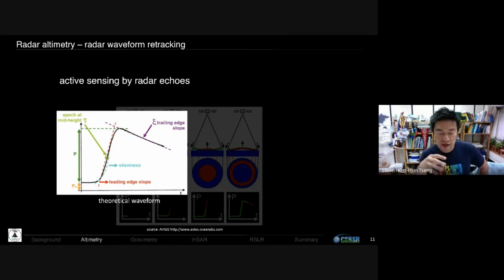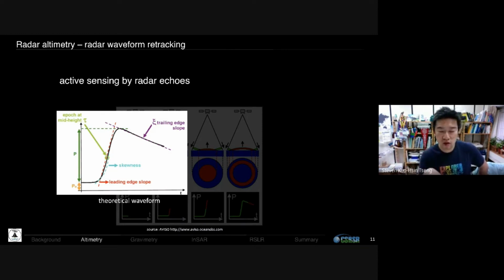If the scattering is very strong, the received power is going to increase gradually, not a very sharp return. If the leading edge slope is steep, it means the ocean is very calm. If it's more gradual, the ocean state is very rough, which means the wind speed is very strong.